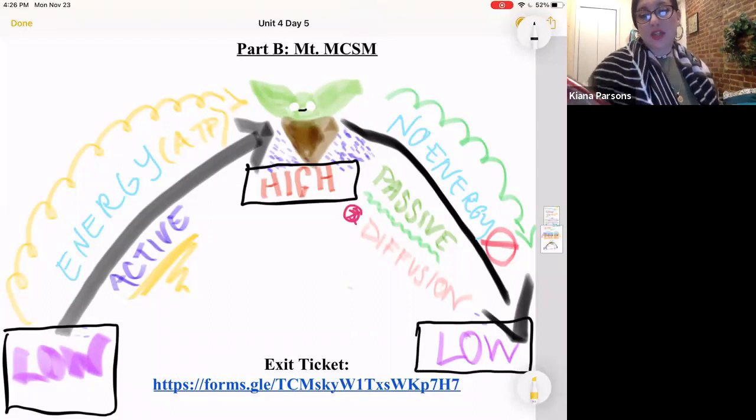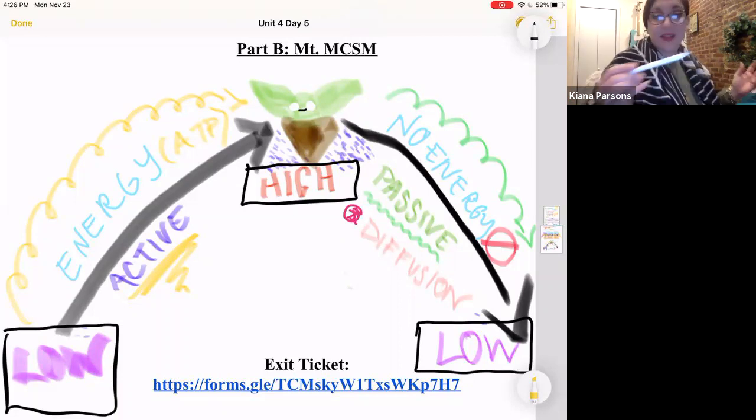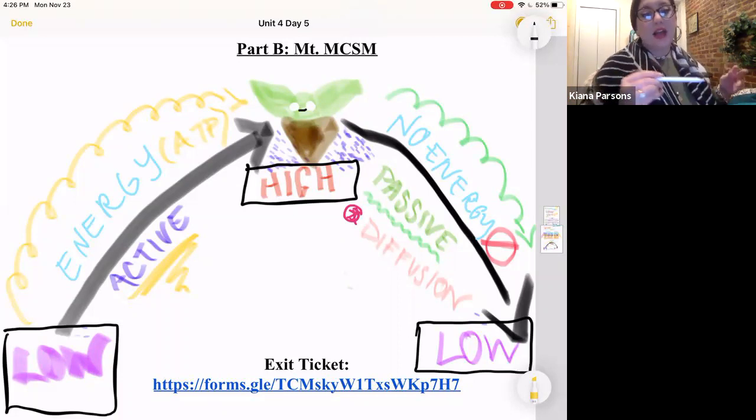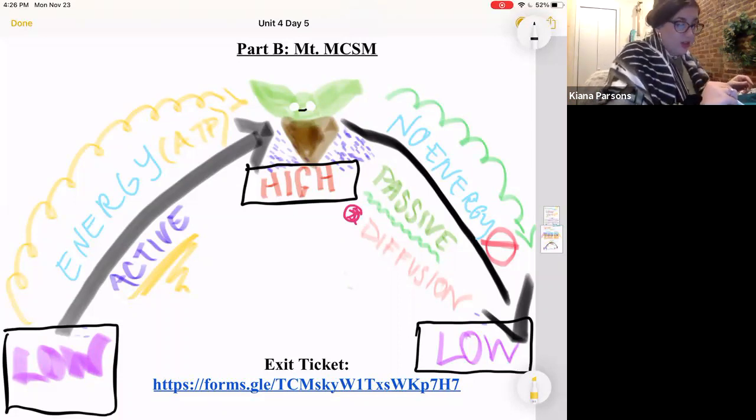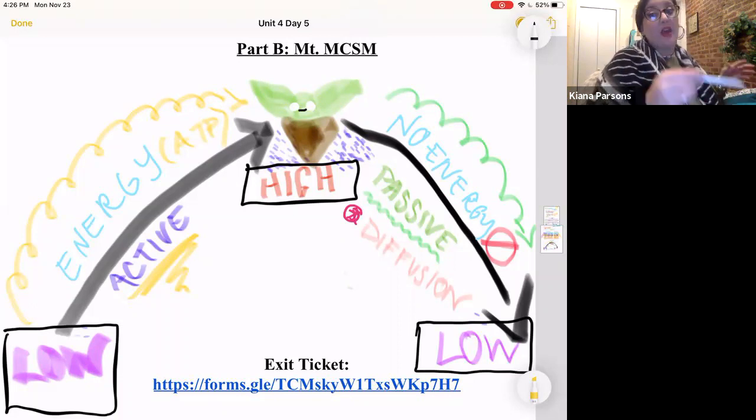Okay, so if ever you need to remember what's going on, draw the hill, right? It's low, it's high. That part is easy to remember. And you can figure out going in the direction from low to high, that's active. From high to low, that's passive. Like you could easily accidentally roll down a hill, right? Rolling down a hill, you could do without using any energy.